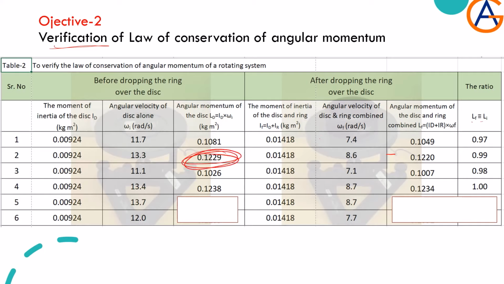Angular momentum initially and finally of the system: 0.122, and here also 0.122, so only in the fourth decimal there is a small difference. So we can say the initial angular momentum equals the final angular momentum, so angular momentum is conserved. Same thing for trials 3, 4, 5, for all of them.